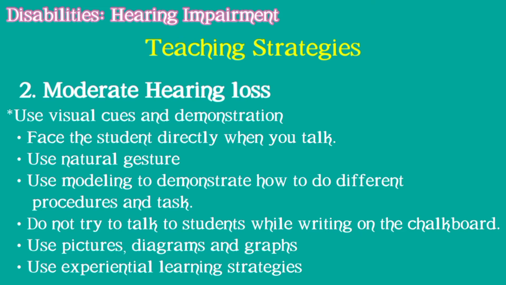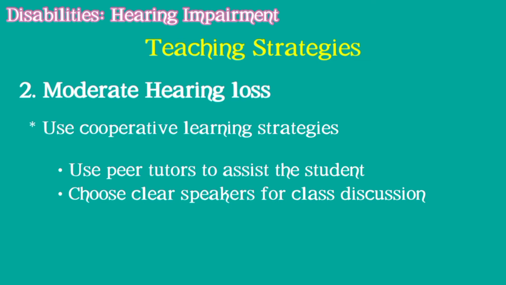Third, use modeling to demonstrate how to do different procedures and tasks. And do not try to talk to students while writing on the chalkboard. Then use pictures, diagrams, and graphs. Then last, use experiential learning strategies. Then use cooperative learning strategies, so use peer tutors to assist the students.